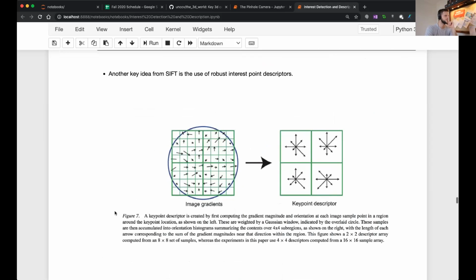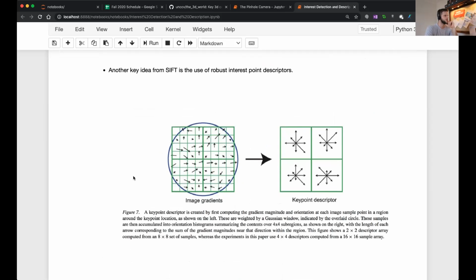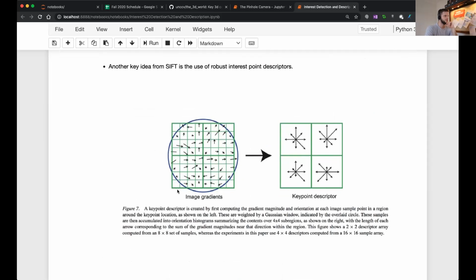Another reason that SIFT is very robust, and a robust way to find matches between images, is the way they do keypoint descriptors. What David Lowe did in his paper is he takes a region of an image, imagine a 16 by 16 grid, and he computes the gradient for all these pixels. The gradient is like an edge detector.